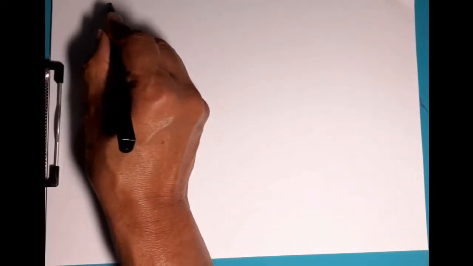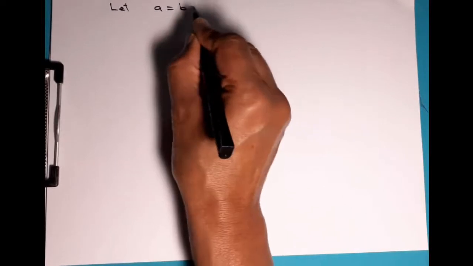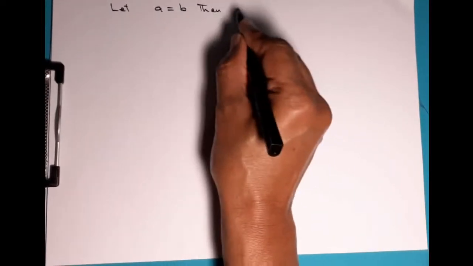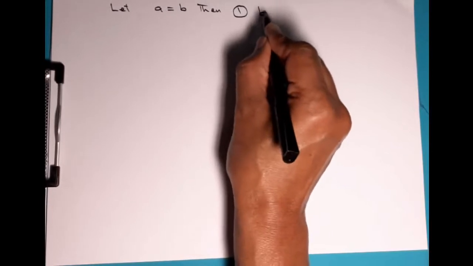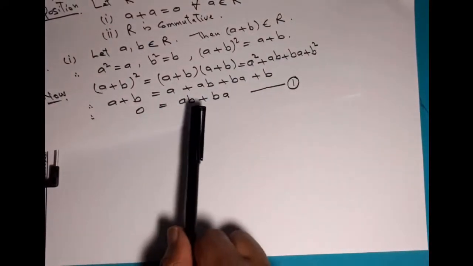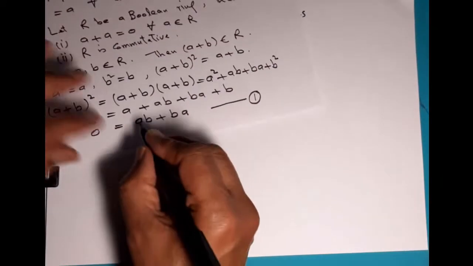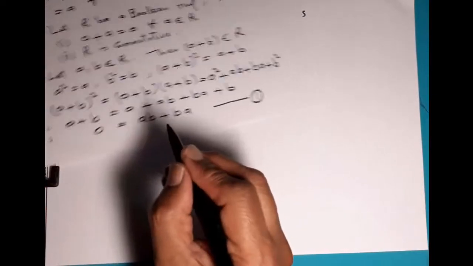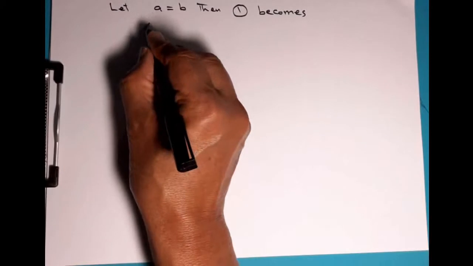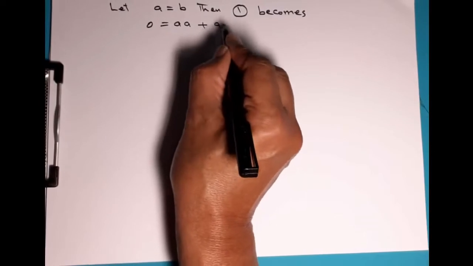Note that we may choose a and b equal to each other. So let a be equal to b. Then 1, which is ab plus ba equal to 0, becomes, putting b equal to a, 0 is equal to a into a plus a into a.